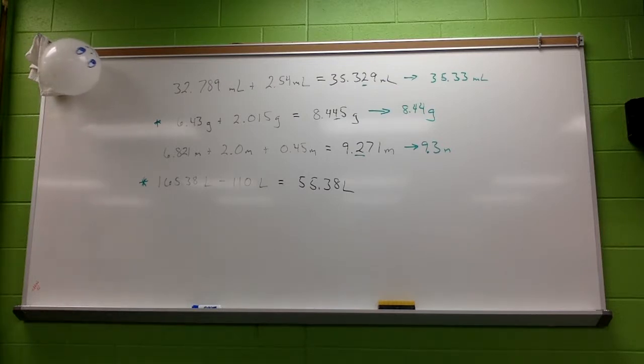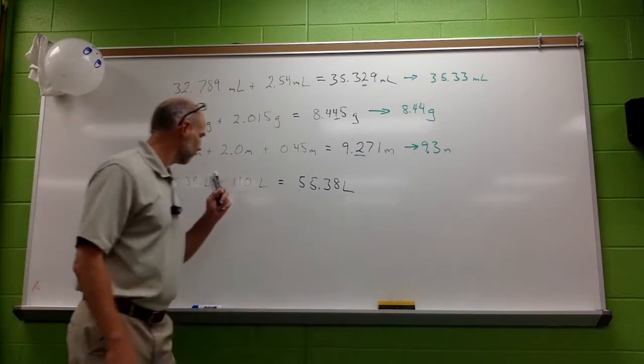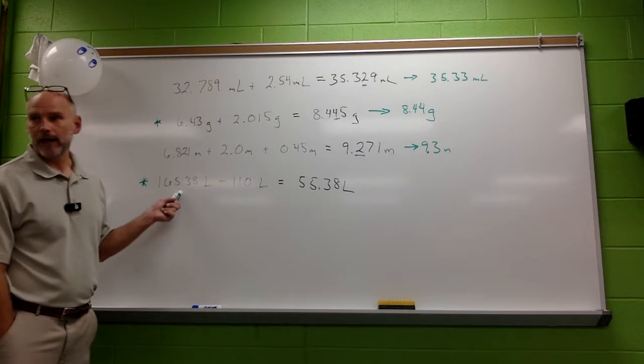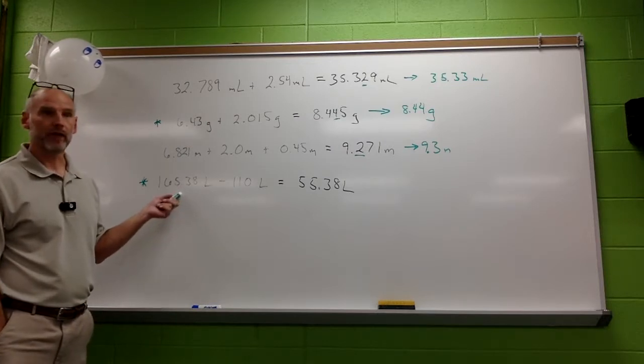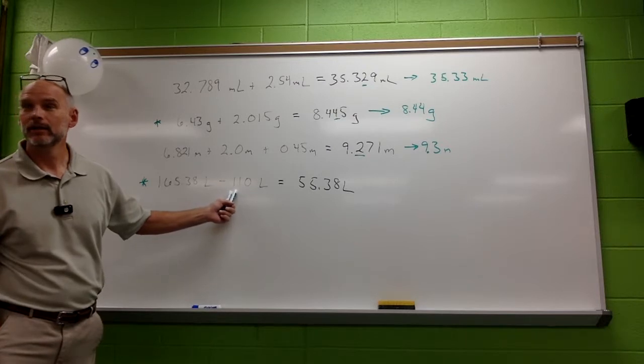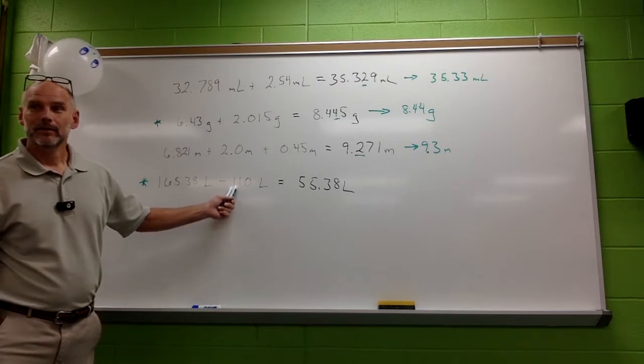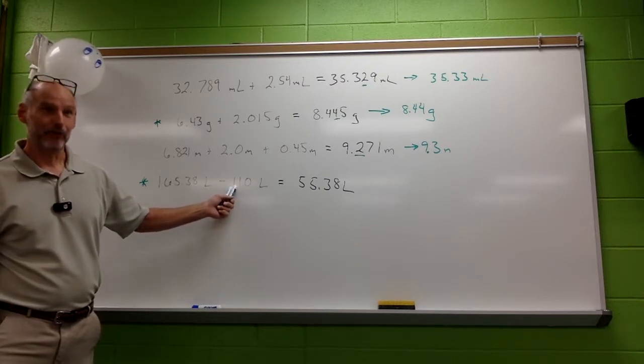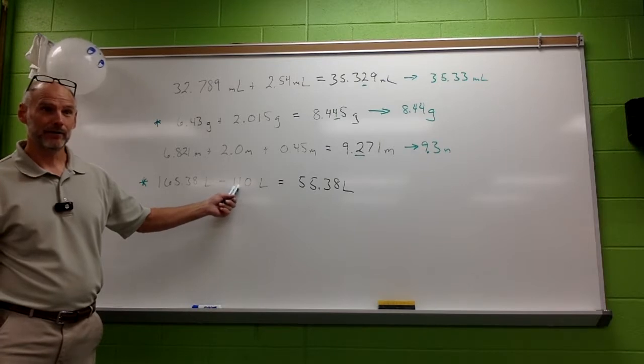Well, for this. But now let's look at this scenario. Here we have a measurement that is precise to the hundredths place. This one is precise to the tens place, is it not?